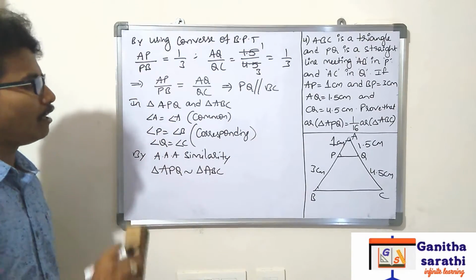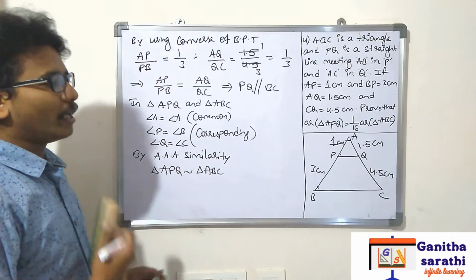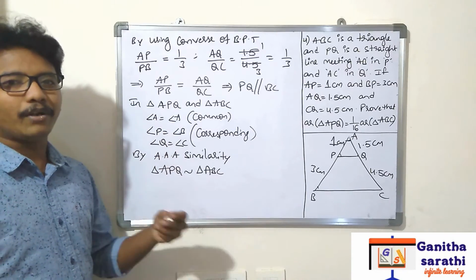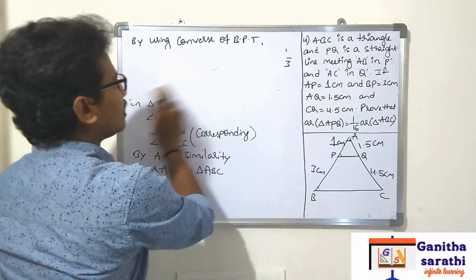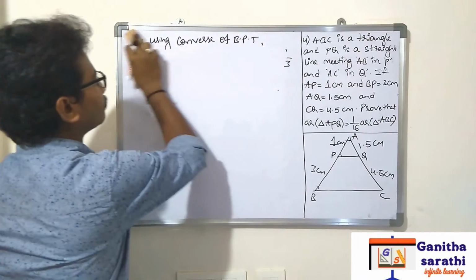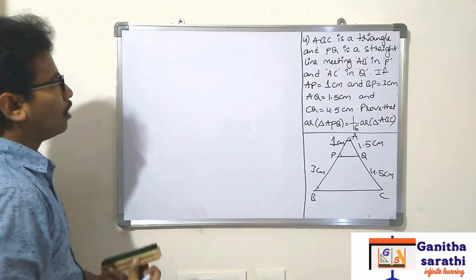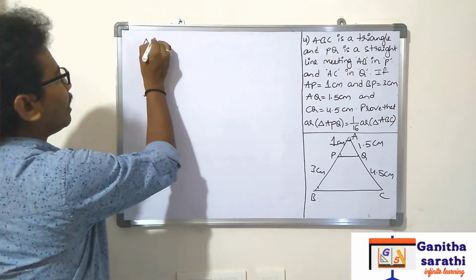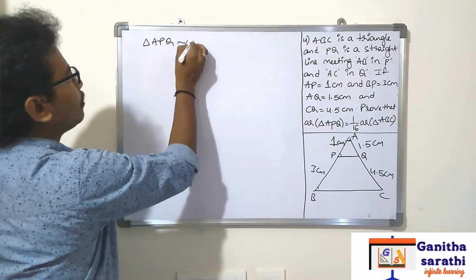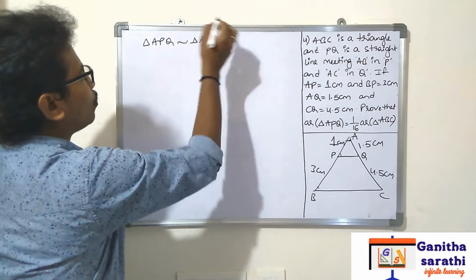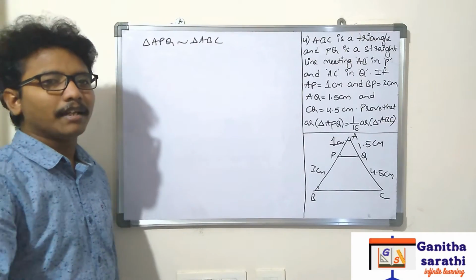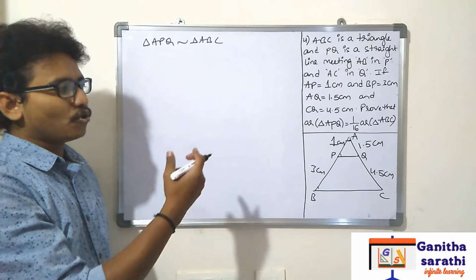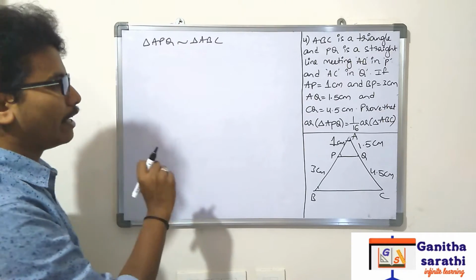So for finding that, we use the theorem on the ratio of areas of two similar triangles. Okay, now see what the theorem is. Already we have proved triangle APQ is similar to triangle ABC. So what is the theorem? The ratio of areas of two similar triangles is equal to the ratio of squares of the corresponding sides.